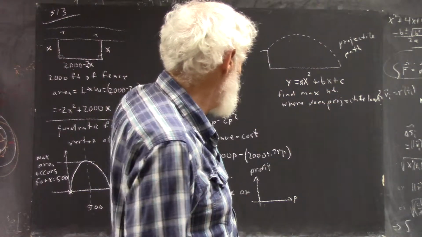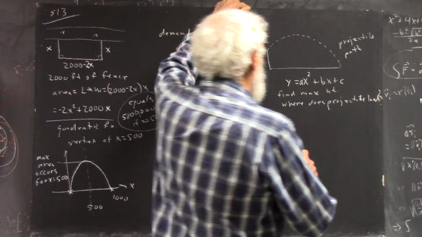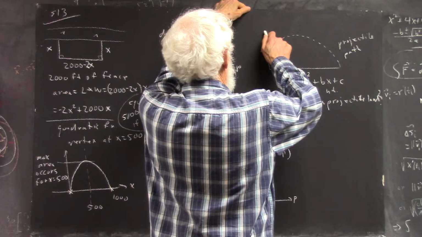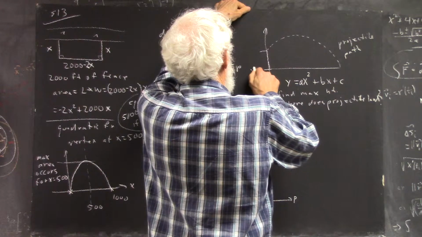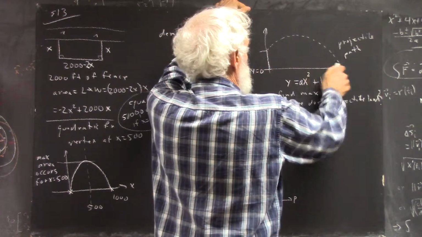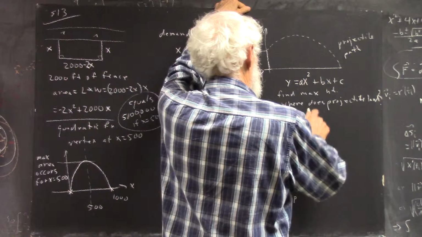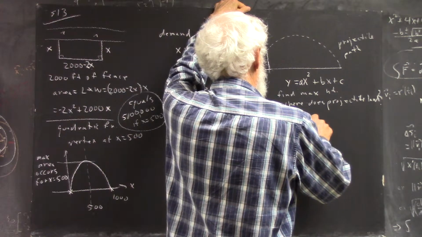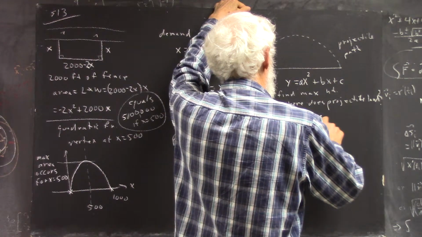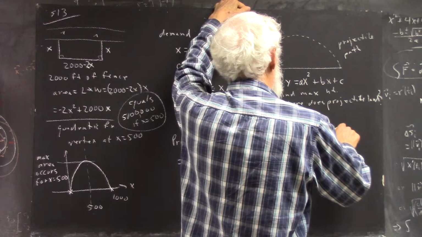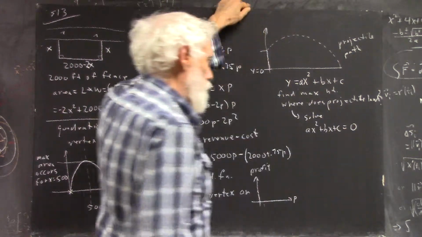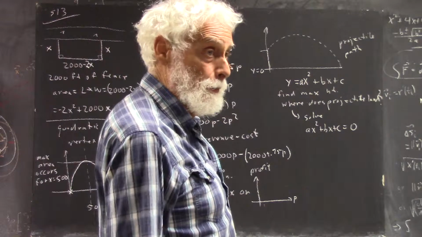And where does it land? Well, assuming that y is measured from along an axis here, where y equals 0 at the ground, where does it land? You solve the equation ax squared plus bx plus c equals 0.